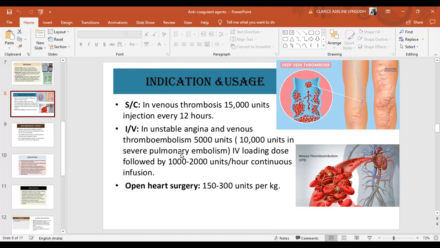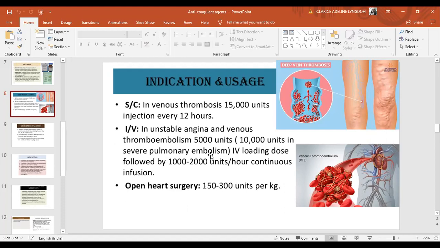We can also give it in pulmonary embolism, in the lungs. For example, in the pulmonary veins or the pulmonary arteries, there can be a blood clot. If there is a blood clot, then the oxygenated blood from the lungs will not be able to flow properly into the left side of the heart.